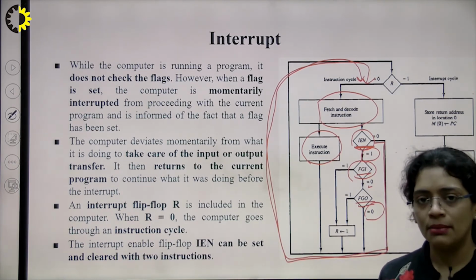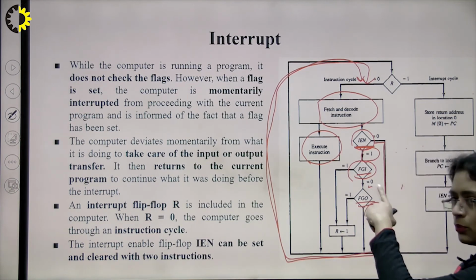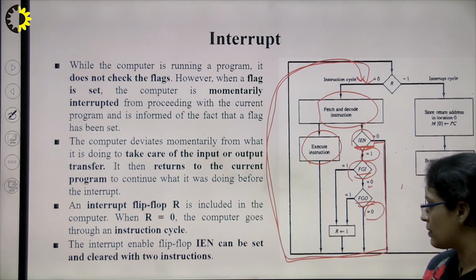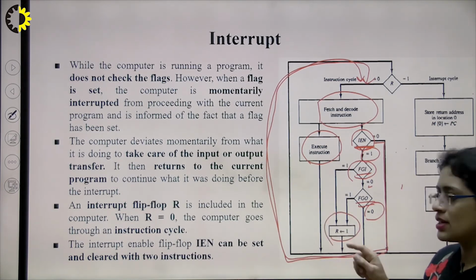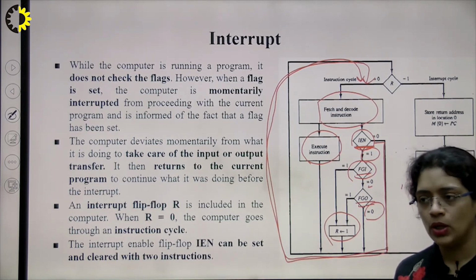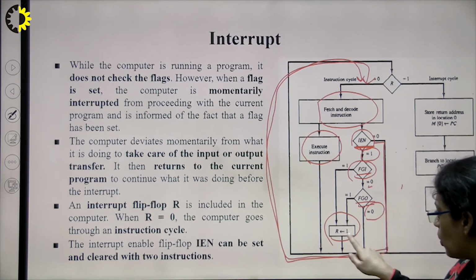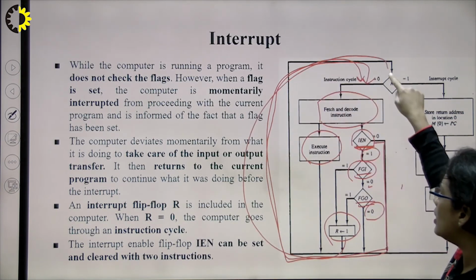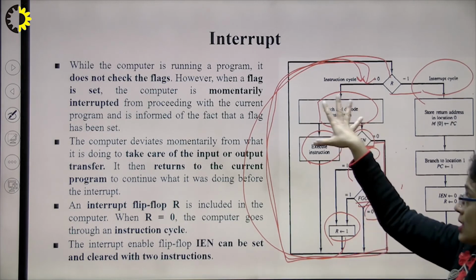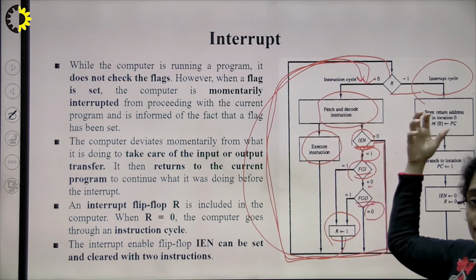The processor is ready to accept an interrupt, and if there is an interrupt by any input or output device, we set a variable R to 1, which says there is an interrupt. So when the value of R is 1, that's not a normal instruction, there is an interrupt.